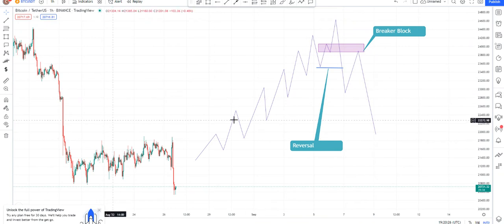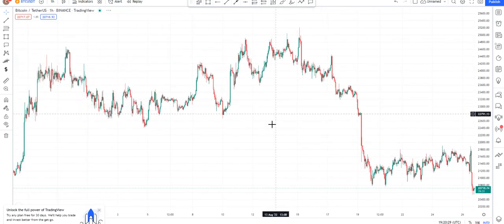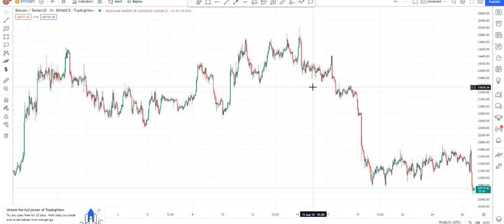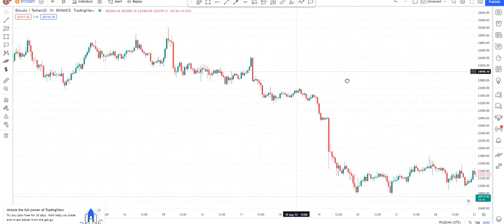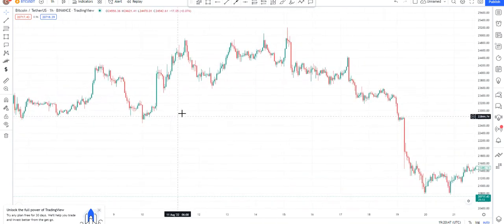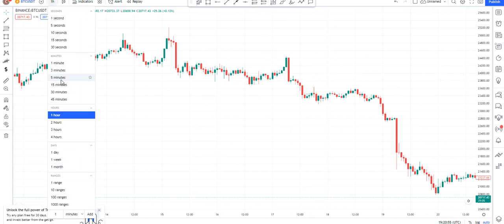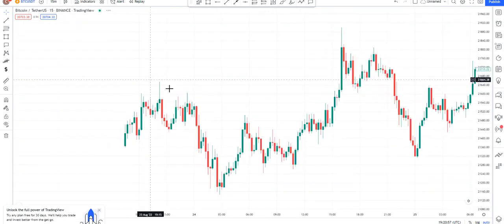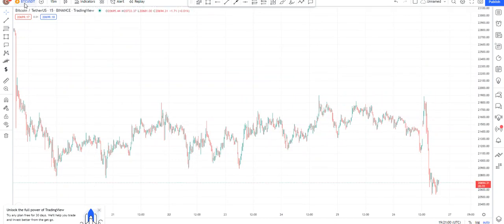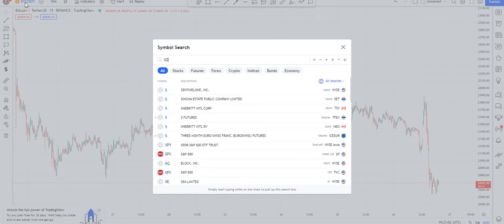So let's look for examples of the breaker block on the charts. I'll try and find two examples. Zooming in here. I think if you check Solana, you should be able to find them, because on lower time frames, maybe like 1 minute, 5 minutes.